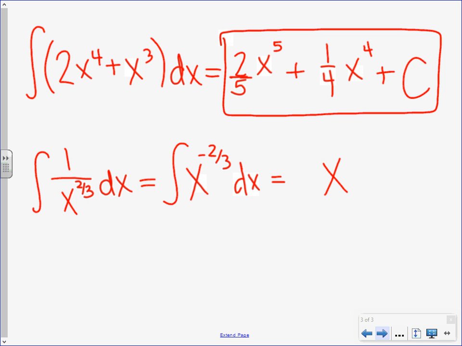Remember, we're going to increase our power by 1. Negative 2/3 plus 1 is 1/3. And then we have to multiply by 1 over that power, or I just like to take the reciprocal. It saves a little bit of time. So our antiderivative is 3x to the 1/3 plus c.